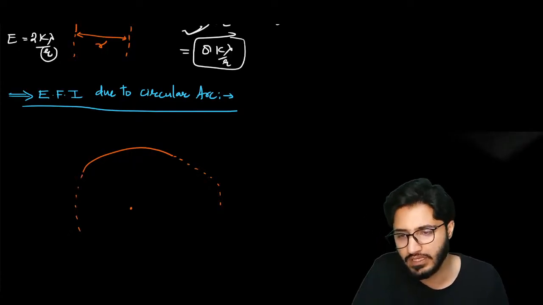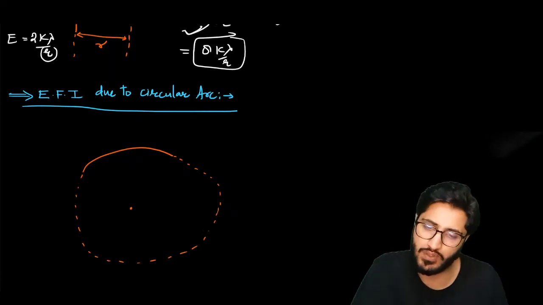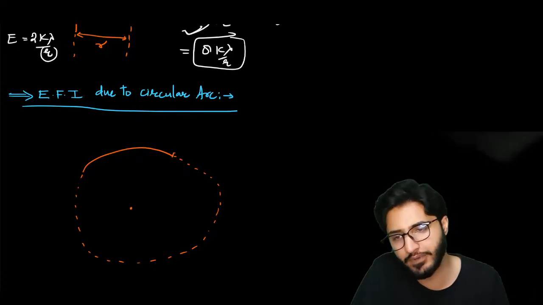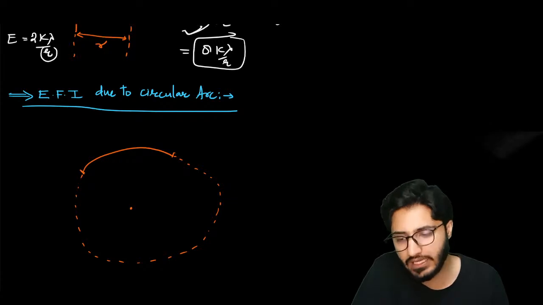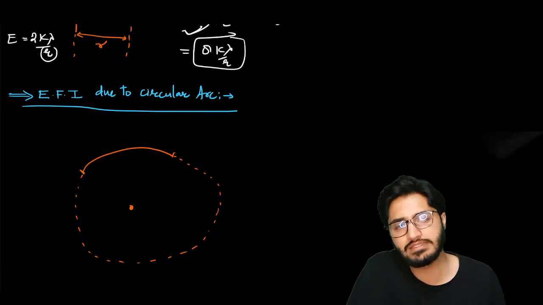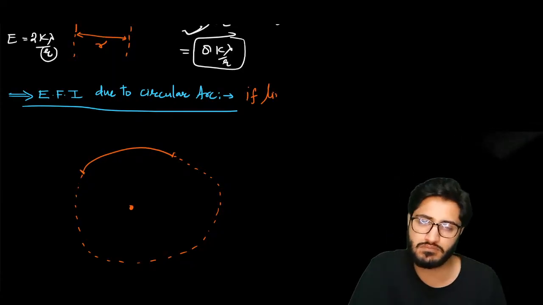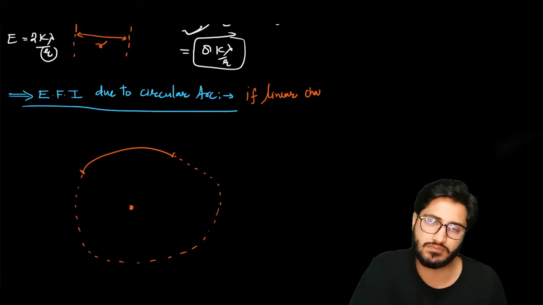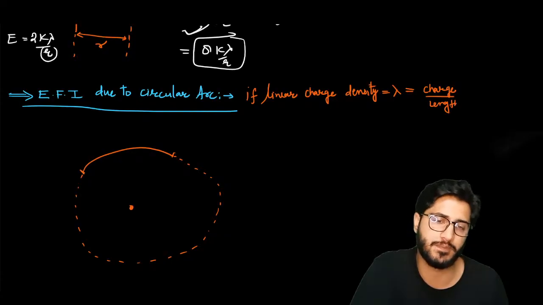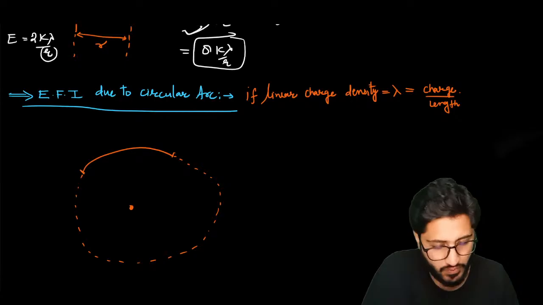The arc is a part of this particular circle, but we are taking only this particular part, and we have to find the electric field intensity due to this arc at the center. Suppose the linear charge density is given to us as lambda, and we know that lambda is equal to charge per unit length.